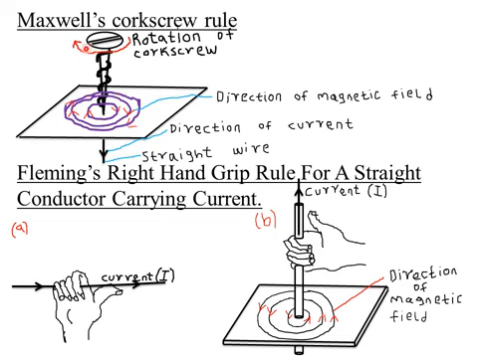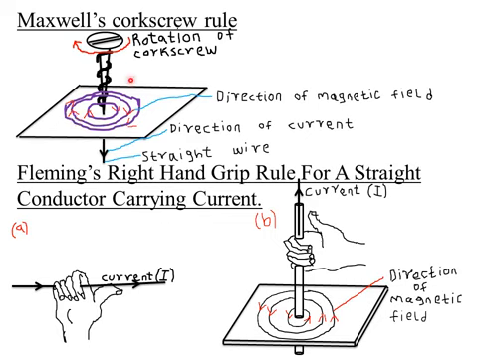If we were rotating it in this other direction, then we will expect the field lines to move in the opposite direction. But the most important thing to note is that the direction of the forward rotation of the screw is also the direction of motion of the field line.